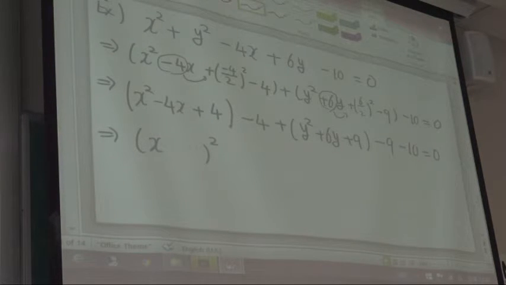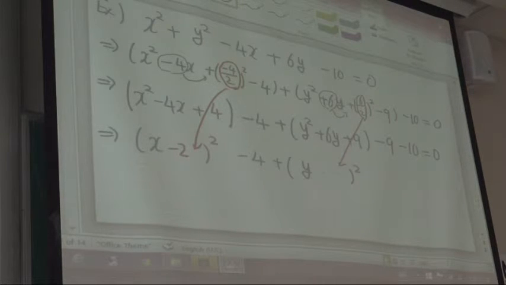So this number is the same as this number, which is negative 2. And negative 4 plus y and complete the square. And that number is the same as the 6 over 2, which is plus 3. And negative 9 and negative 10 is equal to 0.